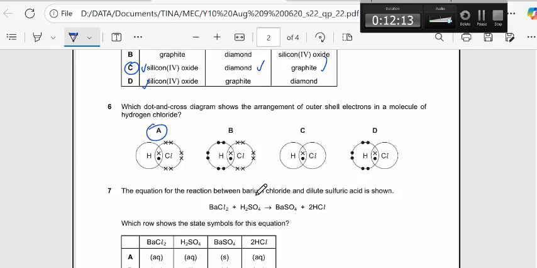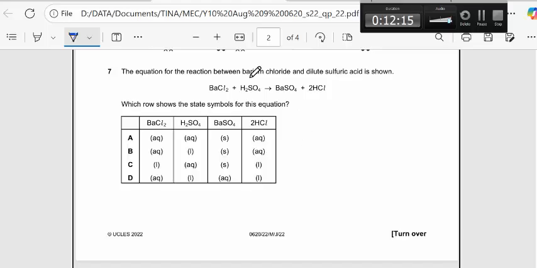Seven? C. Okay, this one is a solid. It's insoluble. This one is aqueous. The rest are aqueous. A.